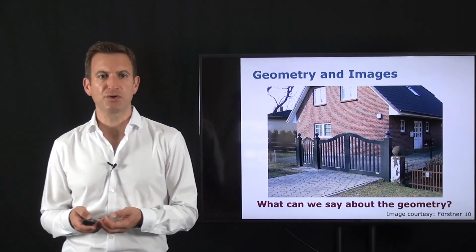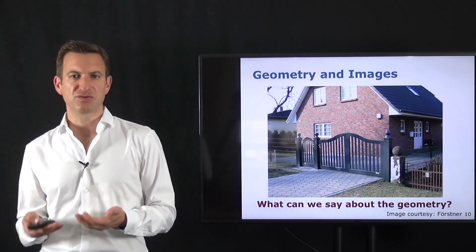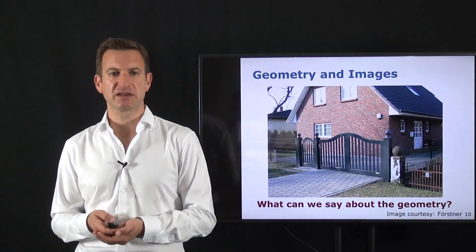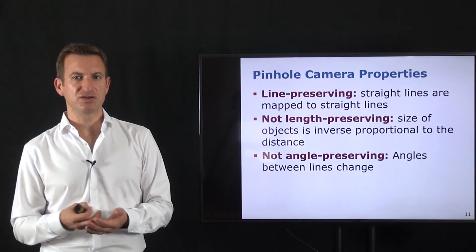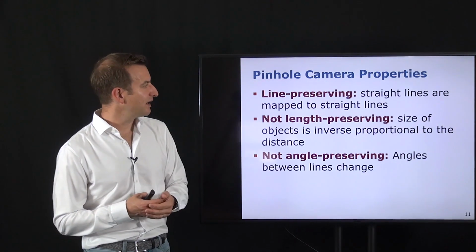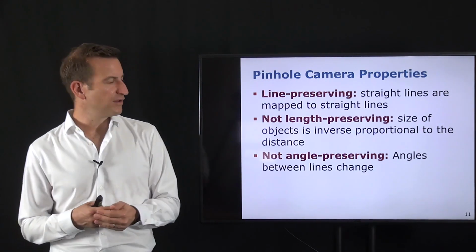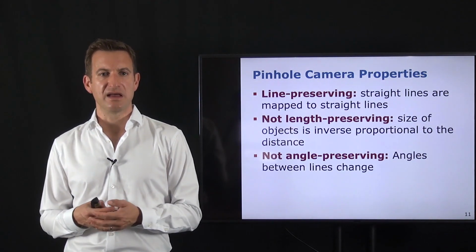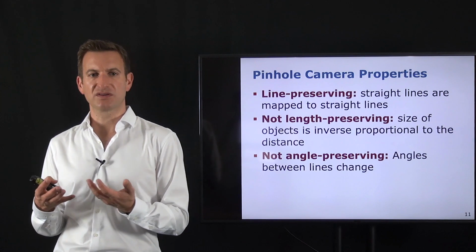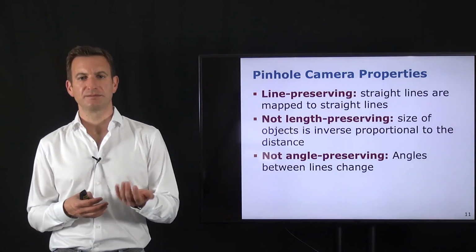And there are certain properties of the geometric objects, how they are changed when I'm projecting them from the 3D world into an image. Just to mention a few things, so straight line preserving mapping means that straight lines are mapped into straight lines, and this is something that, at least if you don't have lens distortions, if you just have kind of the basic pinhole model, that's actually the case.